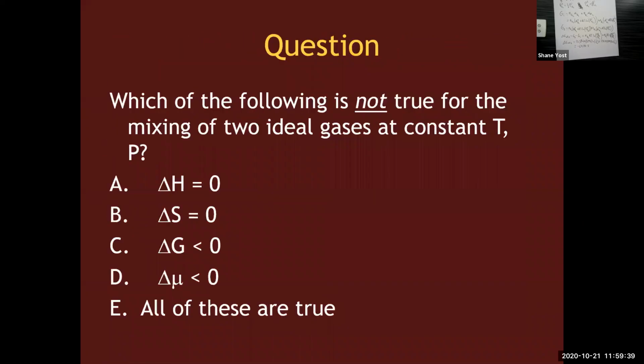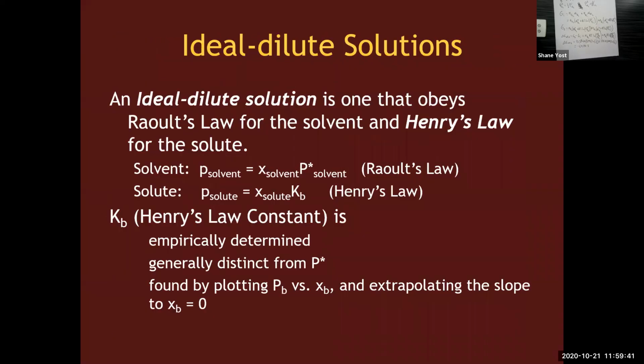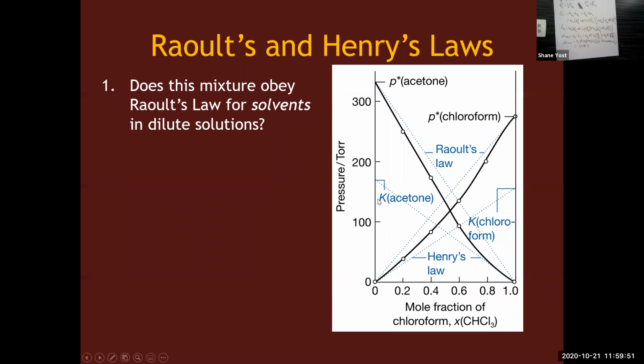Henry's law is the mole fraction in the liquid phase times the Henry's law constant, which gives you the vapor pressure. Here, K is, say, the Henry's law constant for acetone, where I'm plotting the mole fraction of chloroform.